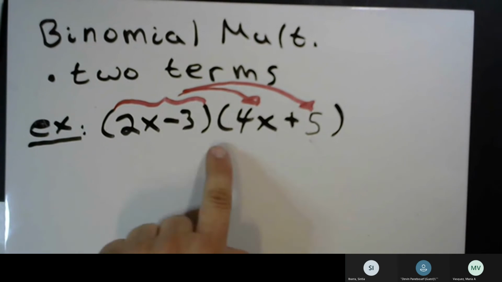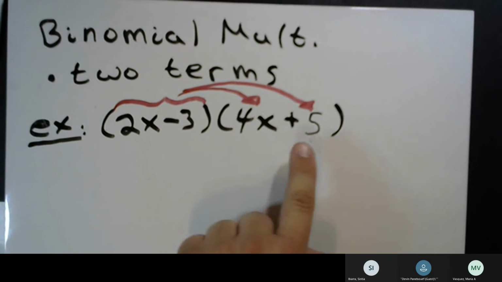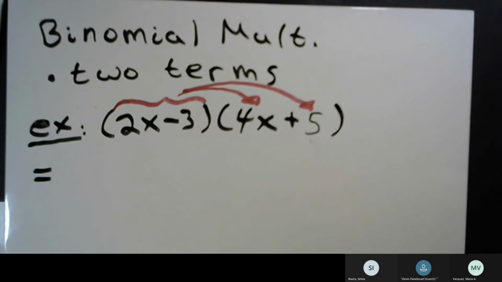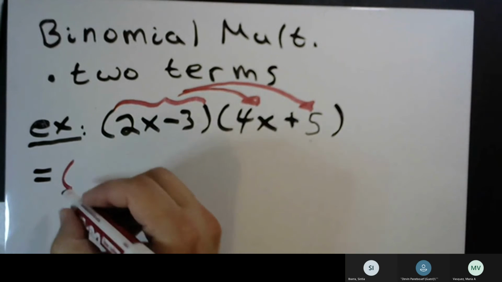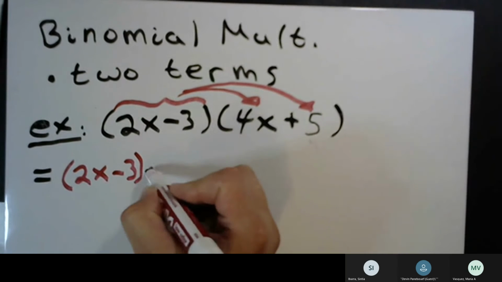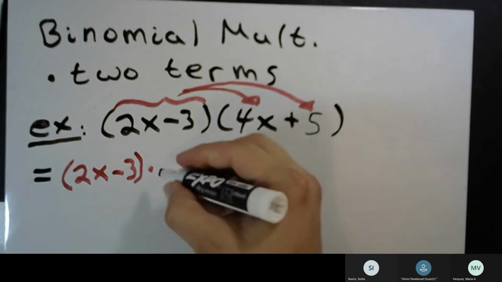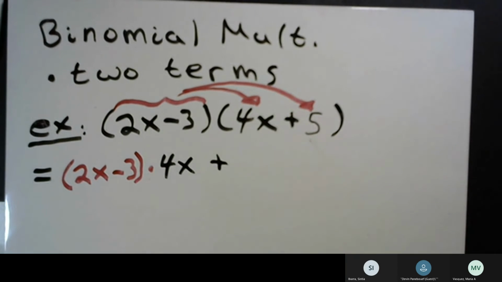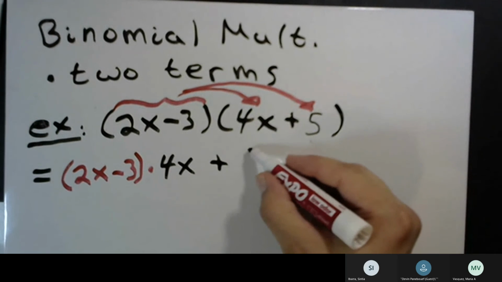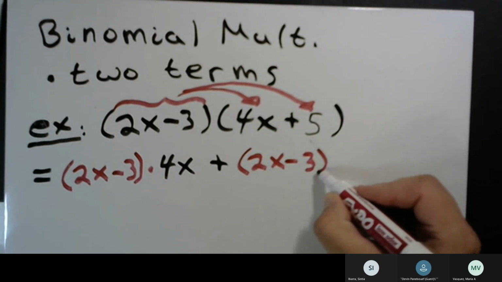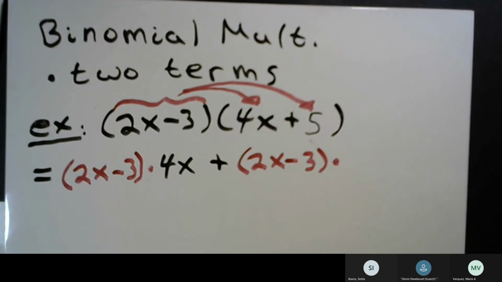We're going to distribute this entire outer part to each of the terms on the inside. So this will give us 2x minus 3 times 4x plus 2x minus 3 times 5.